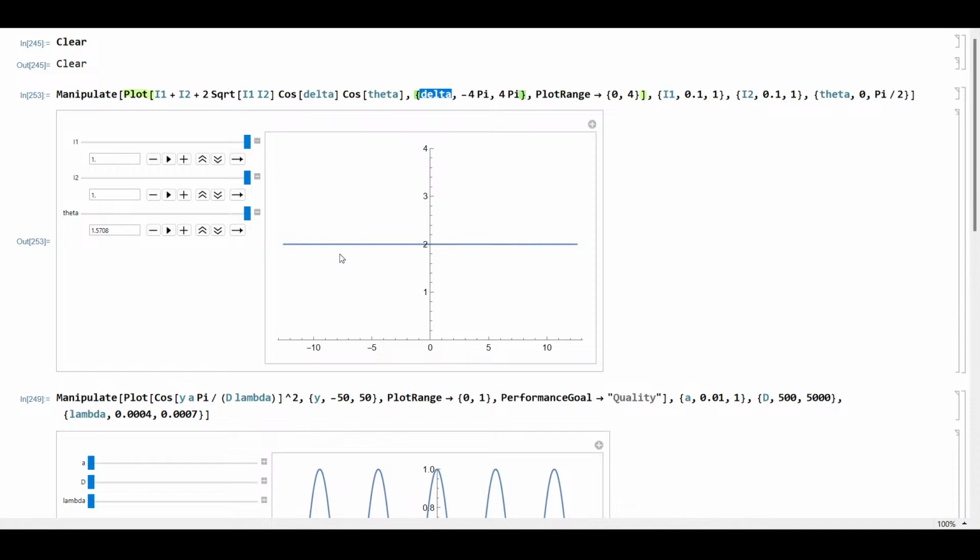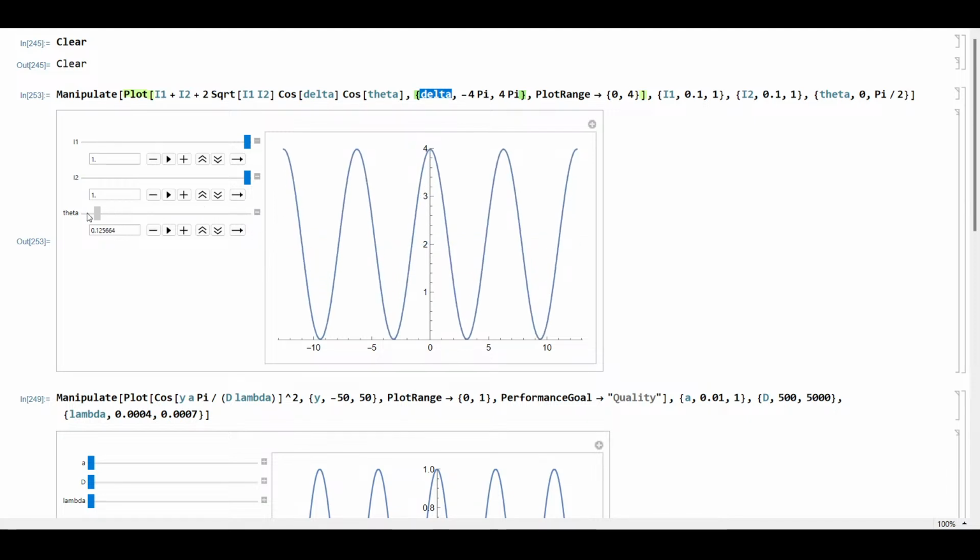So this was one simulation I just wanted to show you. The conclusion over here is that when theta equals pi by 2, meaning orthogonal polarization, you don't see any interference pattern. You see uniform illumination. That's one. You see the best contrast when theta equals 0, which is parallel polarization.